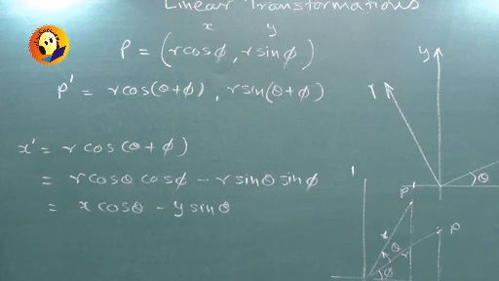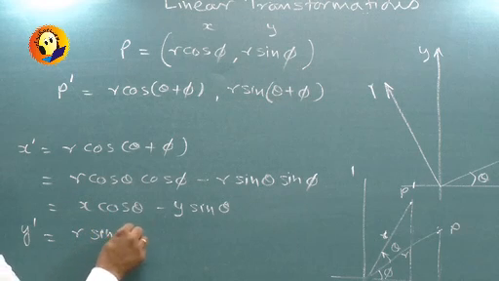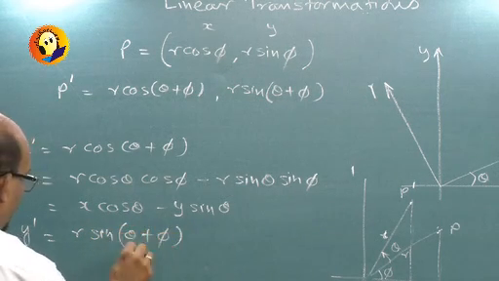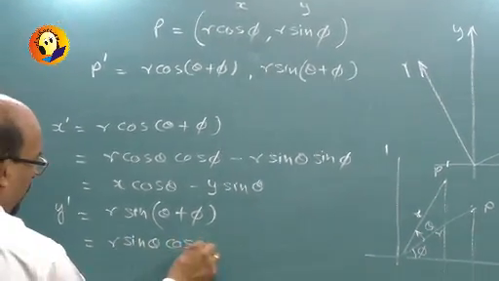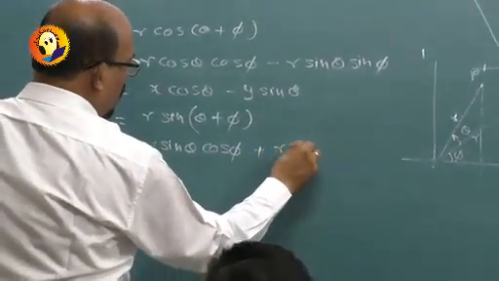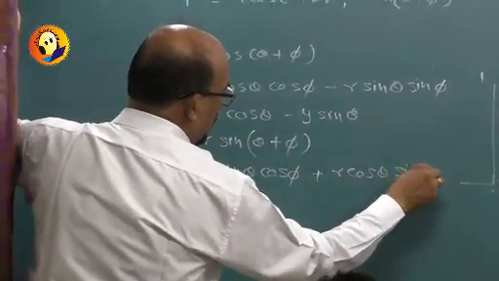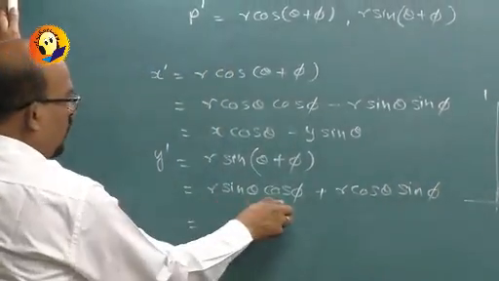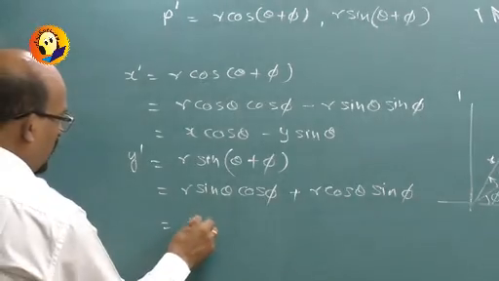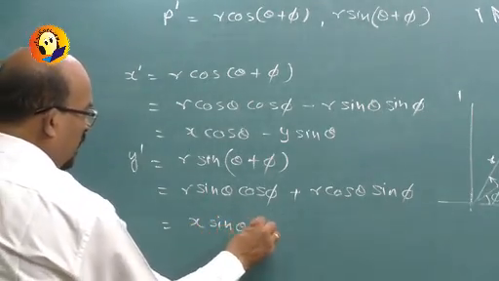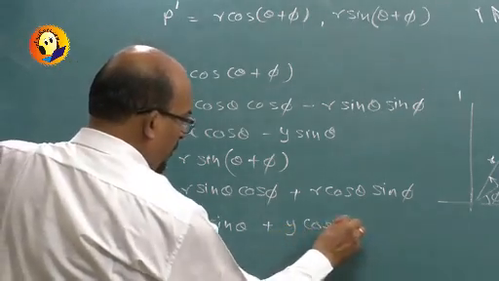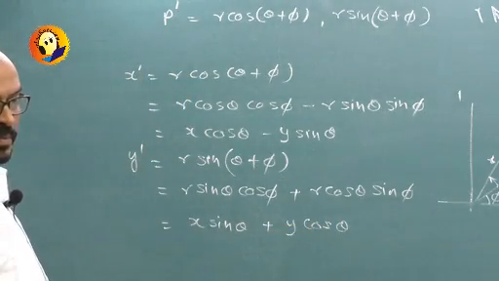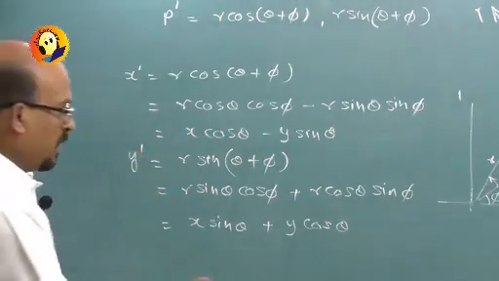Right? And y dash will be r sin of theta plus phi, which will be r sin theta cos phi plus r cos theta sin phi, and r cos phi is again x, so it is x sin theta plus y cos theta. Okay, this is a linear transformation.